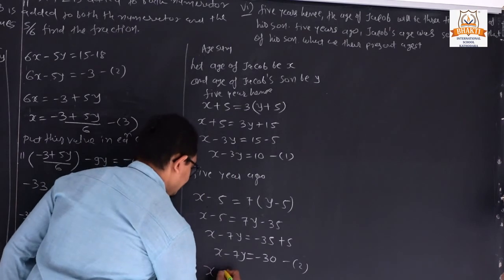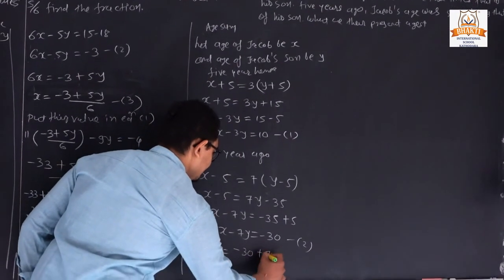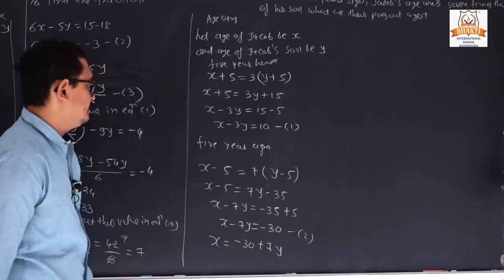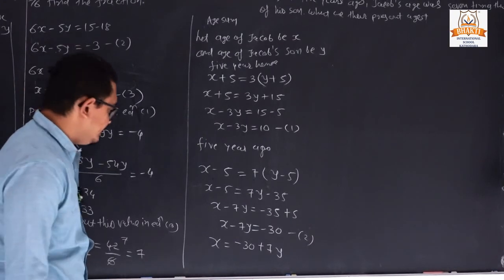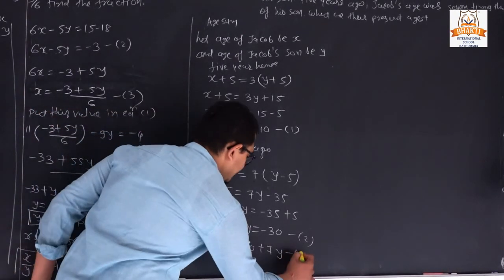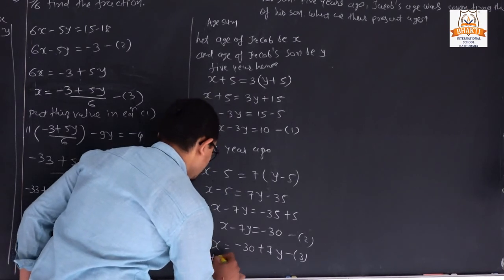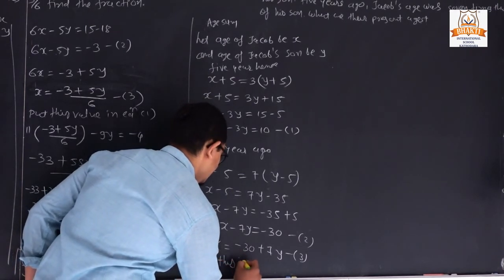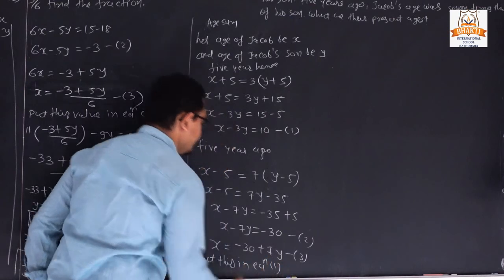Now from the second we can also write it like that. Clear? Next, we can declare it is result 3. Put this in equation number 1.